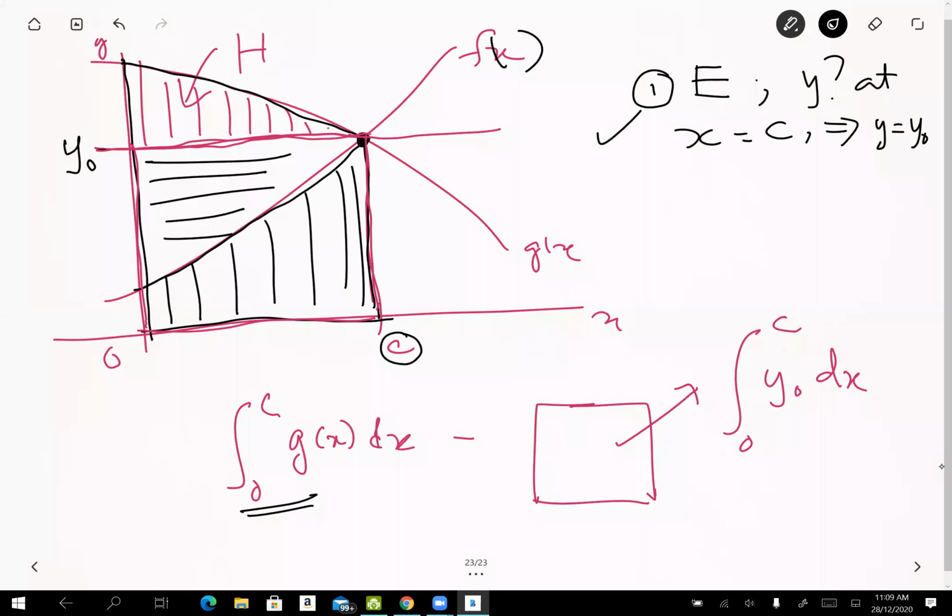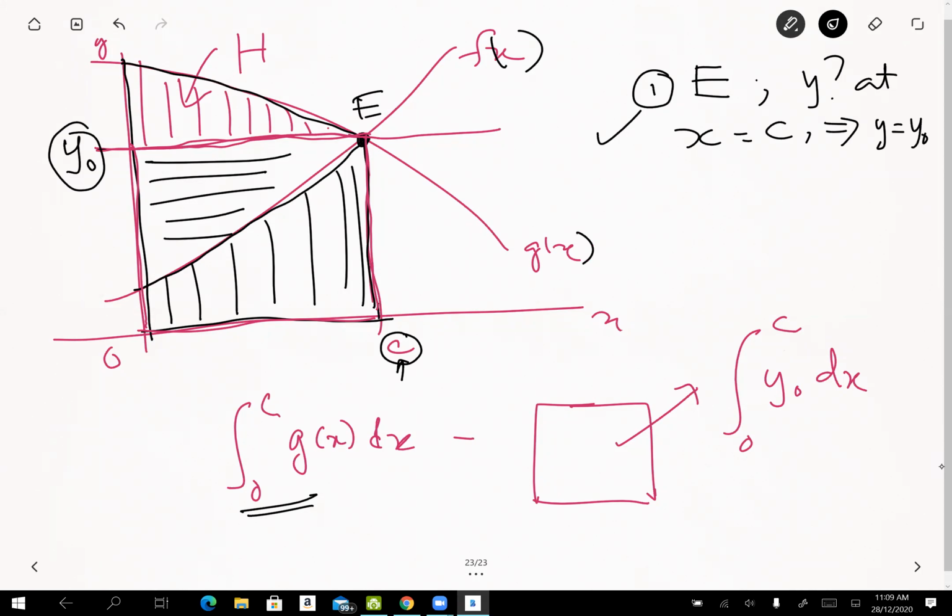That means you need the point E. Initially, we just have X equal to C, but now you need the value of Y at X equal to C. So you put in either G or F, and you get the same value.